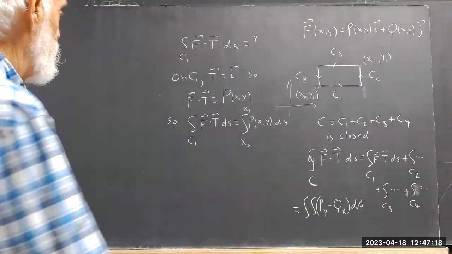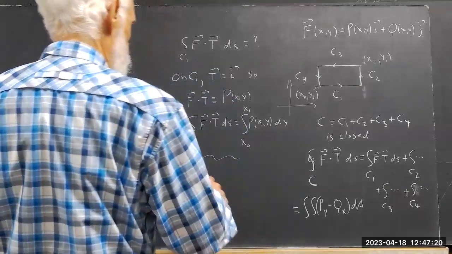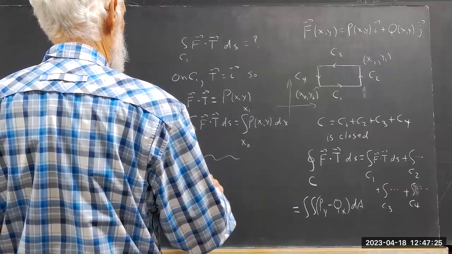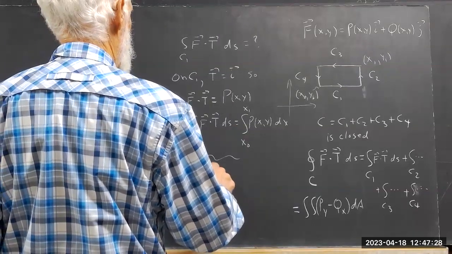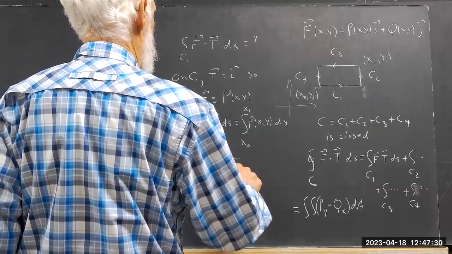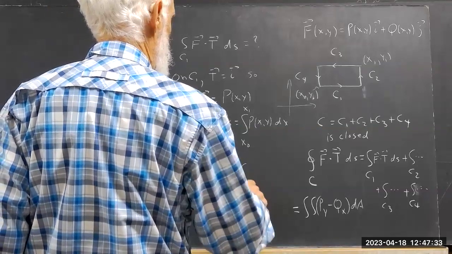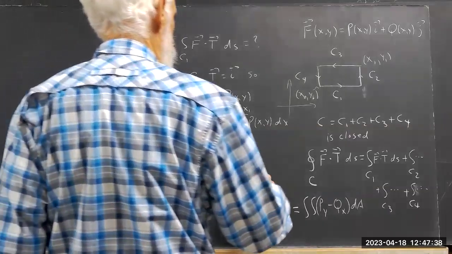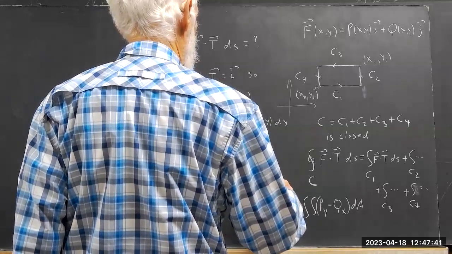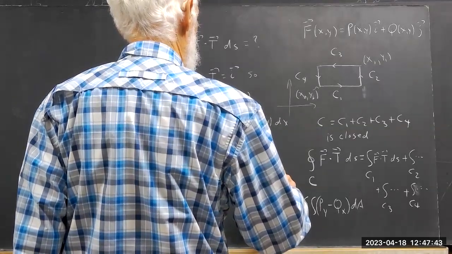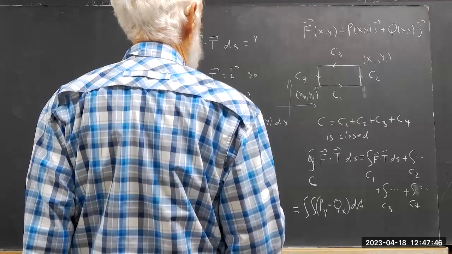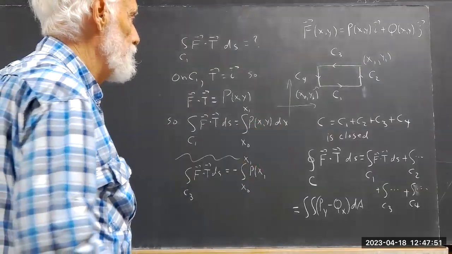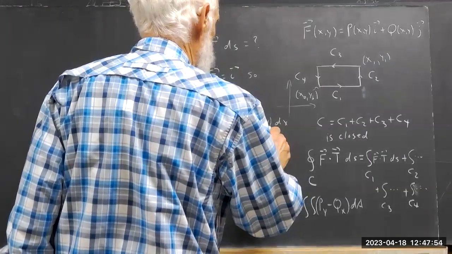Now you can work out the details; the details are pretty obvious. If the integral over C3, it's not p of x, y dx, but it's actually p of x, y0 dx.